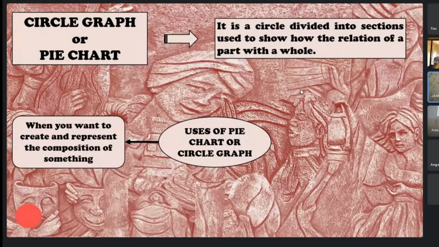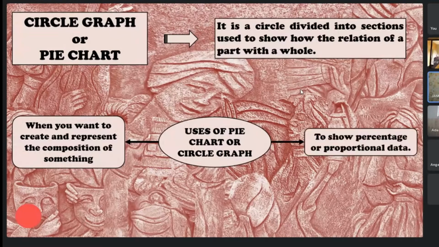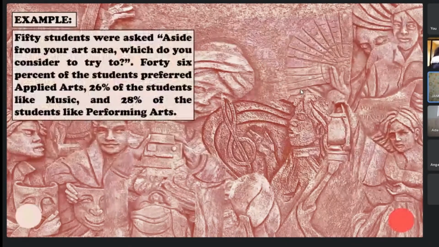If we want to represent the composition of something. We can also use pie chart or circle graph if we want to show percentage or proportional data. In other words, circle graph is used to show percentages of data. Keyword for the circle graph or pie chart is the percentages of data.